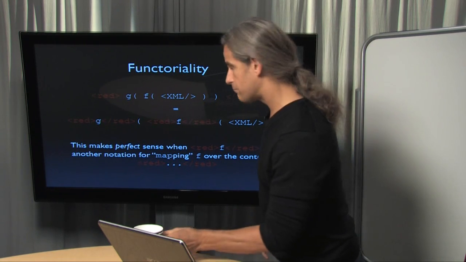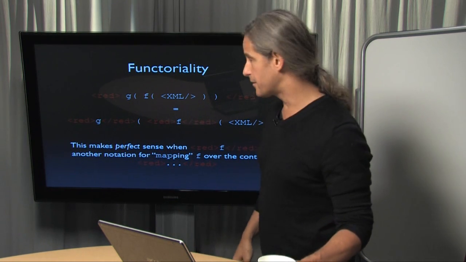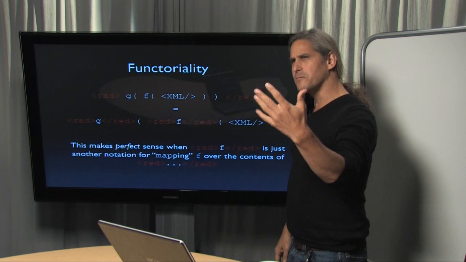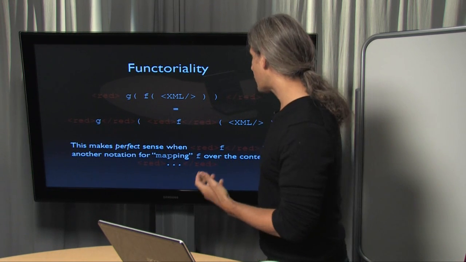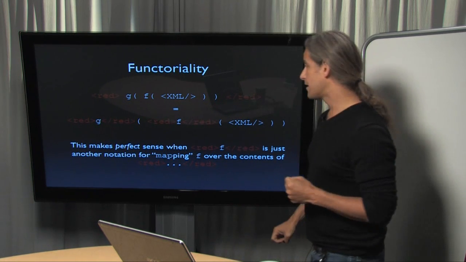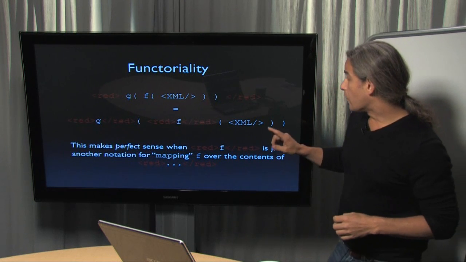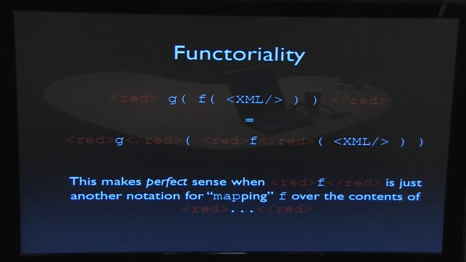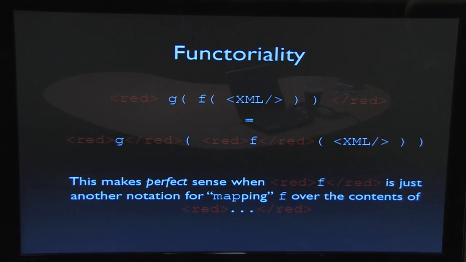Now I am going to assume that the general audience here is someone that has at least some sense of what map is. Right? So maybe you're not the world's most monstrous functional programmer, but you probably have some sense of what map is. So this equality actually makes perfect sense if this is just another notation for mapping F over the contents.